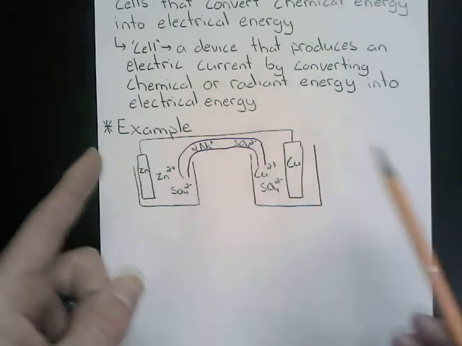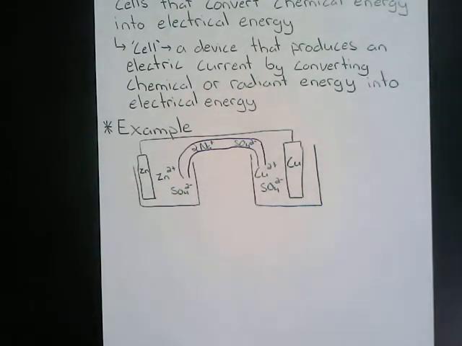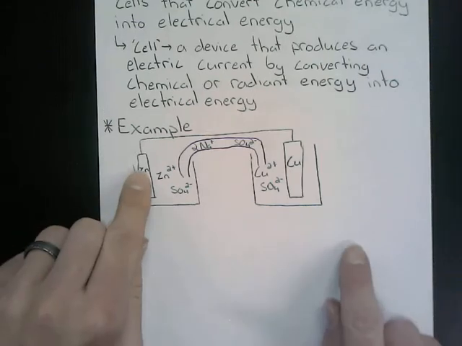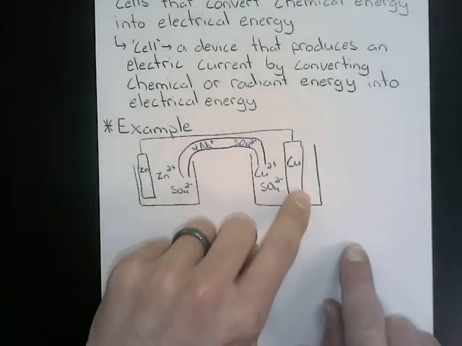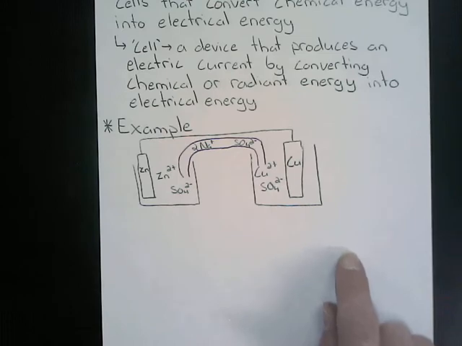And all this does is it allows the ions to exchange, and as a result it allows the transfer of an electron to go from the zinc to the copper, or the anode to the cathode.